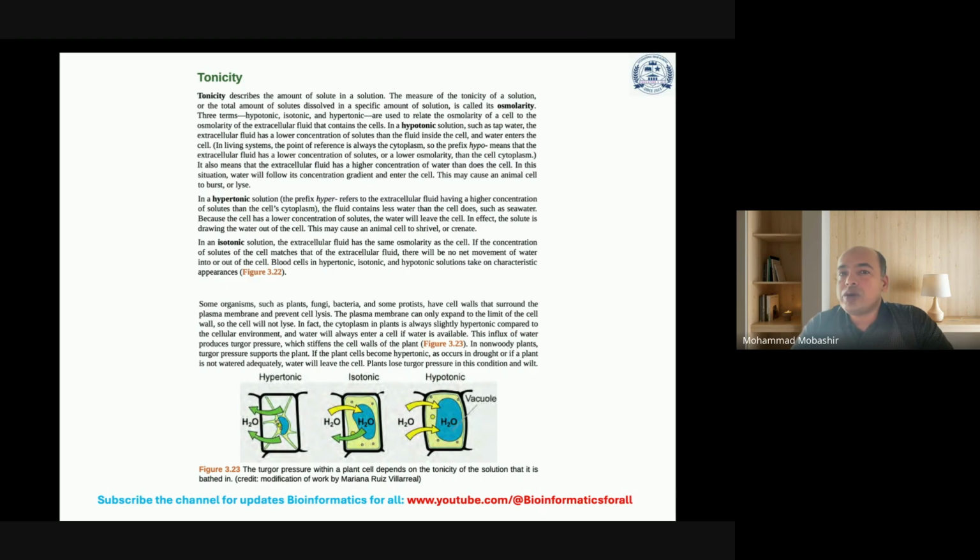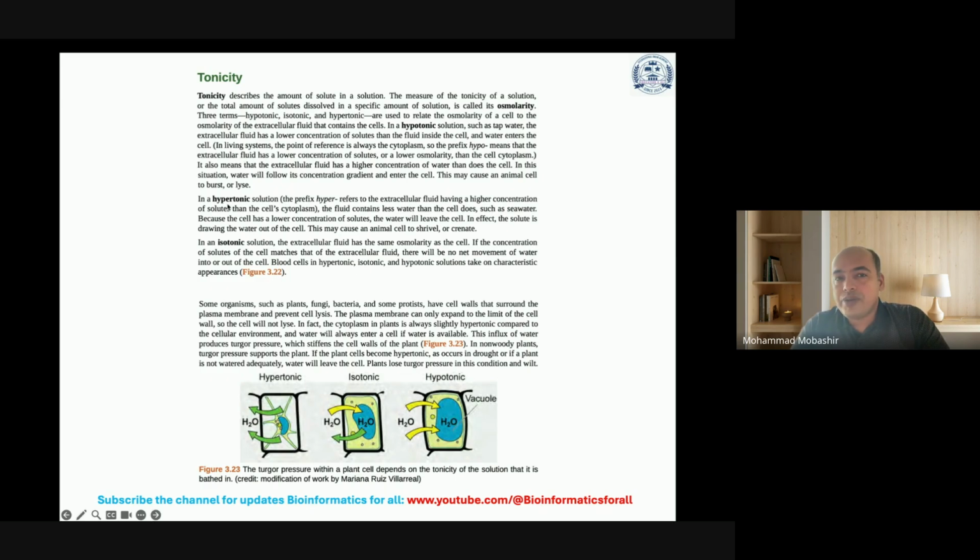In hypotonic solution, such as tap water, the extracellular fluid has a lower concentration of solutes than the fluid inside the cell. Water enters the cell. Here, water enters the cell.